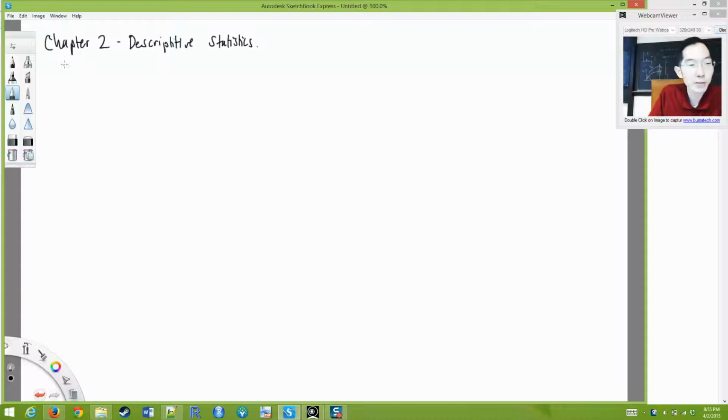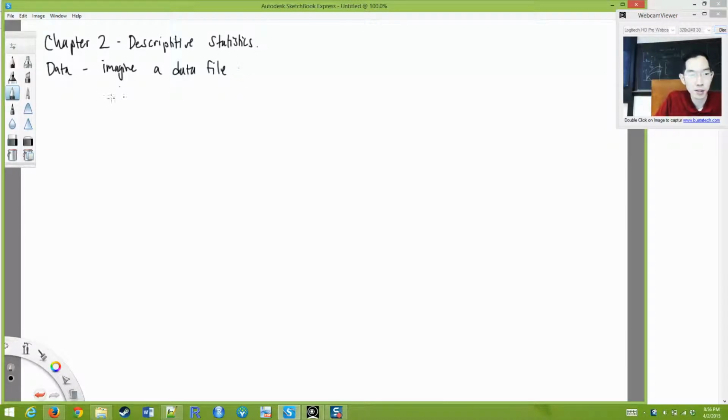We have to start off with just a brief description of data itself, okay? When you think of data, imagine a data file. And the data file will consist of rows and columns.